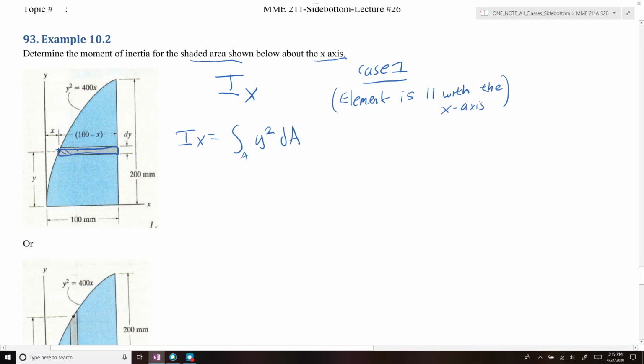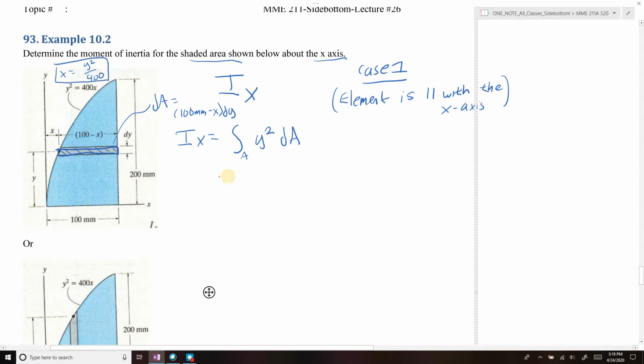For our horizontal element, dA would be equal to the width, which is 100 millimeters minus x, times the height, which is dy. We know that y squared is equal to 400x, so we can relate x as y squared over 400.